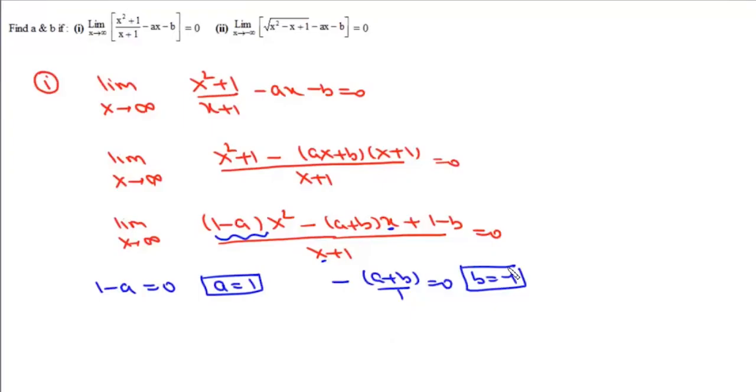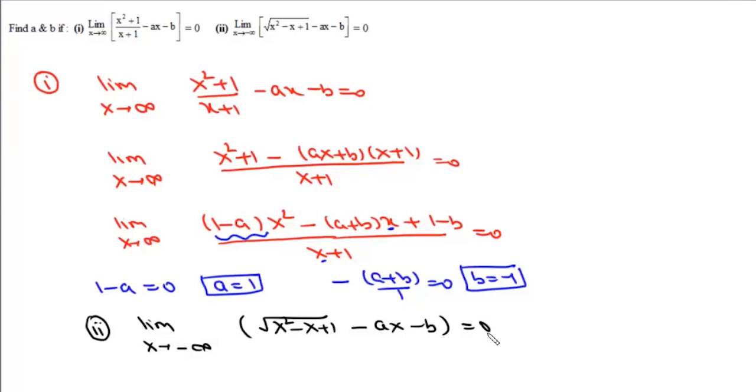Now we look at the second limit. The second limit is limit x tends to minus infinite of under root of x square minus x plus 1 minus ax minus b, and it must be equal to 0. Now first we'll check its form.